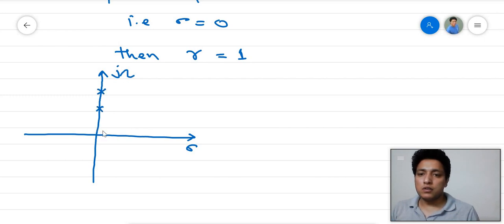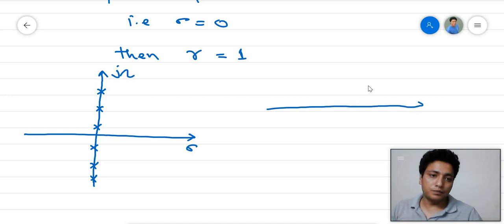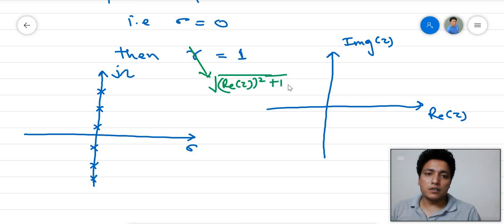For all the poles located in j omega axis can be mapped as imaginary z and this is real z for r equals to 1, where this r is magnitude of imaginary and real part, that is real z square plus imaginary z square.